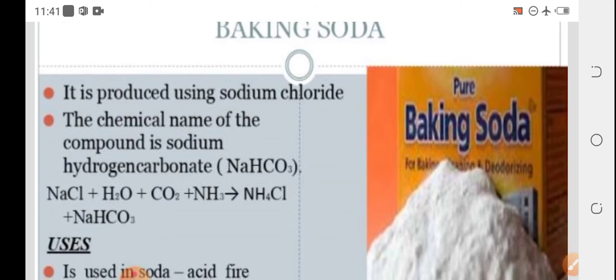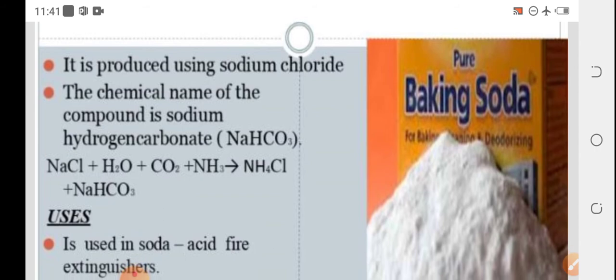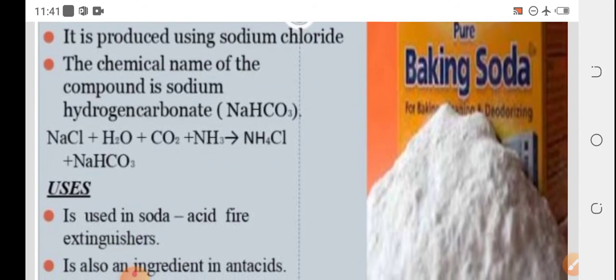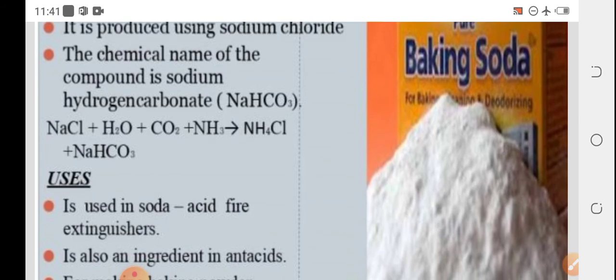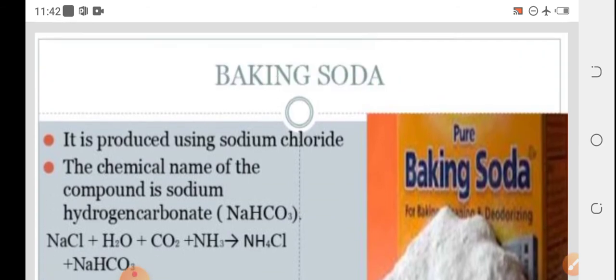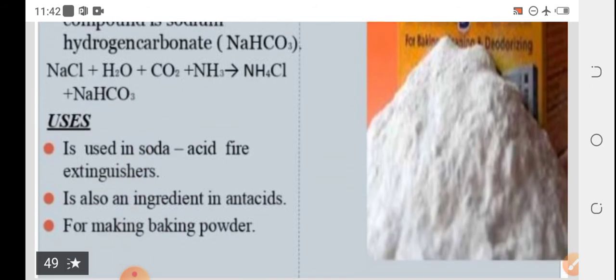Baking soda. It is produced using sodium chloride. The chemical name of the compound is sodium hydrogen carbonate, that means NaHCO3. How is it formed? NaCl plus H2O plus CO2 plus NH3 gives NH4Cl plus NaHCO3, where NaHCO3 is sodium hydrogen carbonate, which is called baking soda.